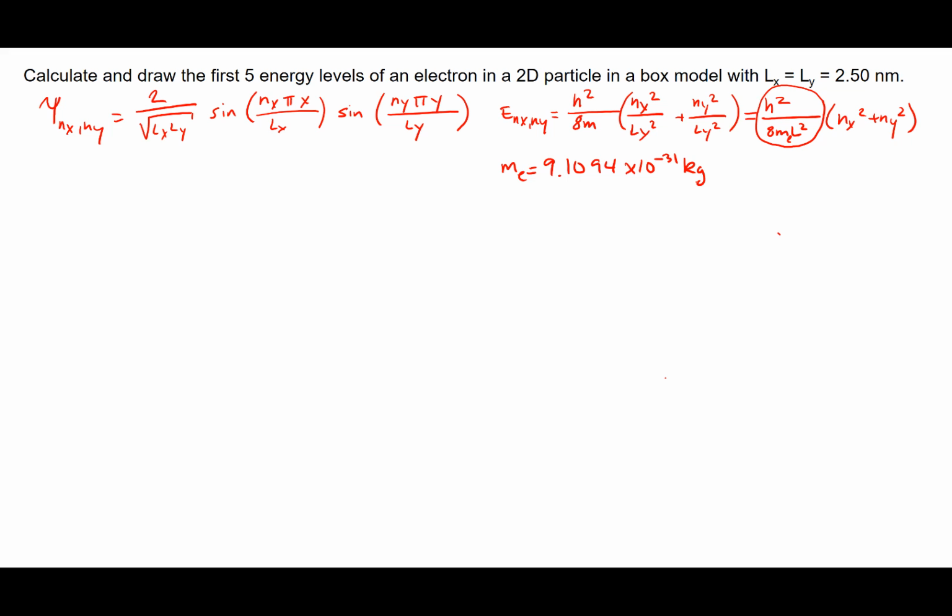Planck's constant, h, is equal to 6.626 times 10 to the negative 34 joule seconds. Or if you wanted to write it a different way in terms of units, it's kilograms meters squared over seconds. That way units can start canceling out the way that you want them to.